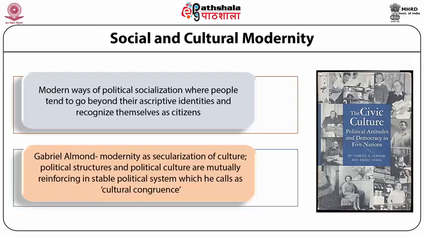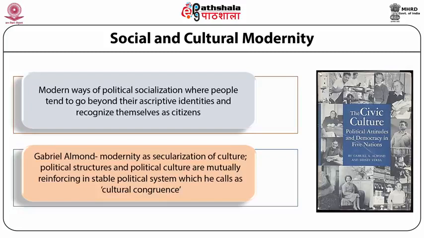Gabriel Almond, a very well-known scholar of comparative politics who gave the theory of structural functionalism, defines social and cultural modernity as secularization of culture. Secularization of culture implies that the political structures and political culture are reinforcing in a stable political system, which he calls cultural congruence.